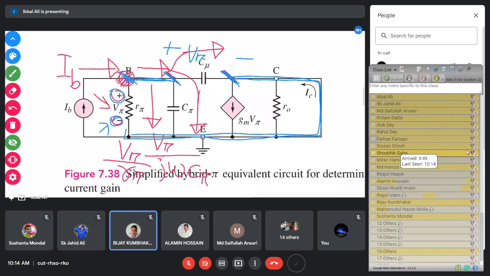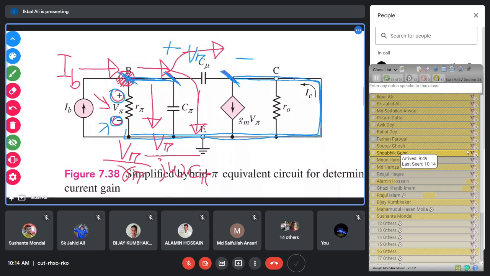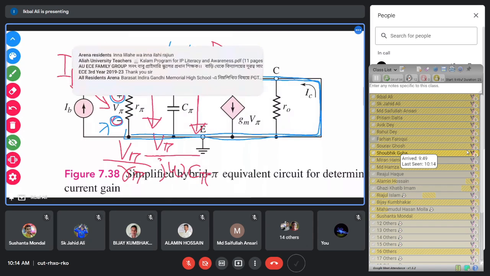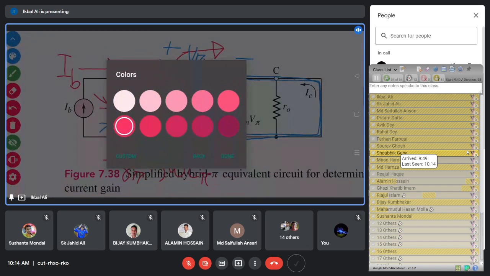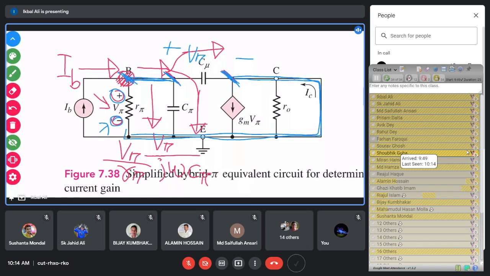So you see, there are three branches from the base node. This is the base node. Through this resistance, you have the current V pi by R pi.